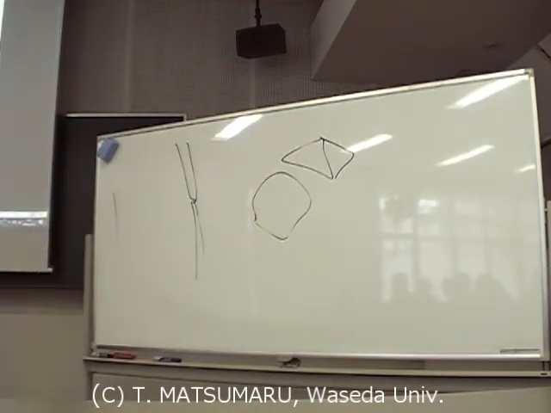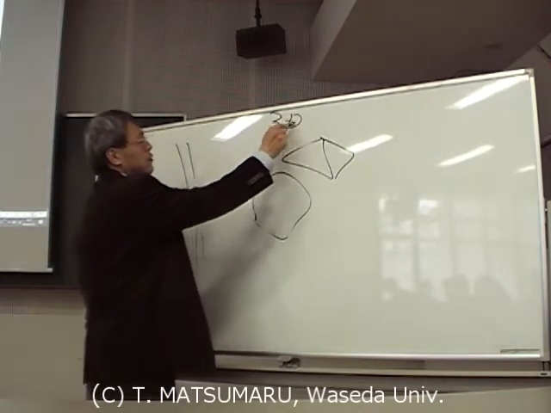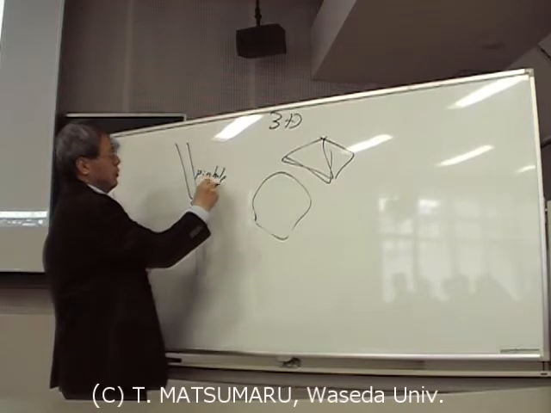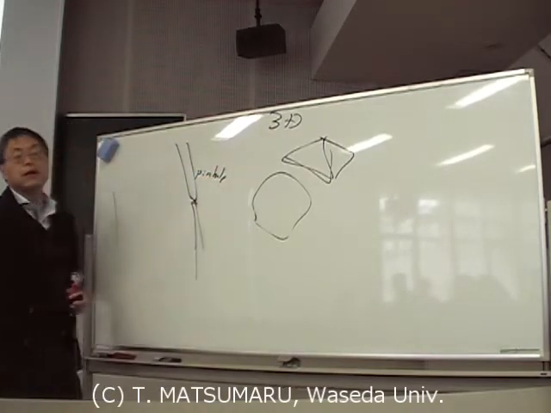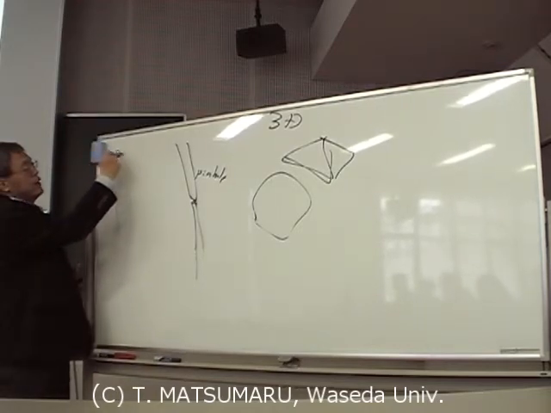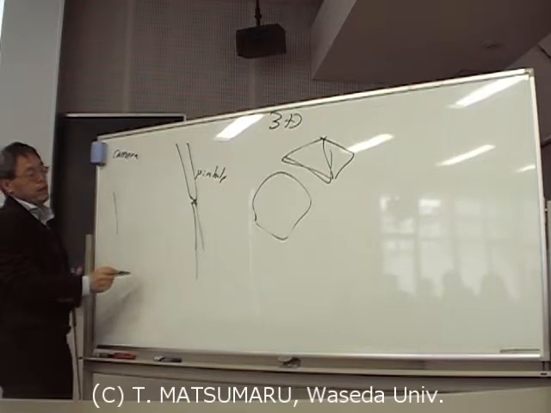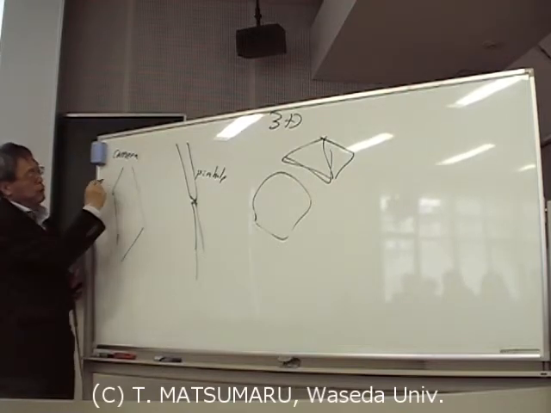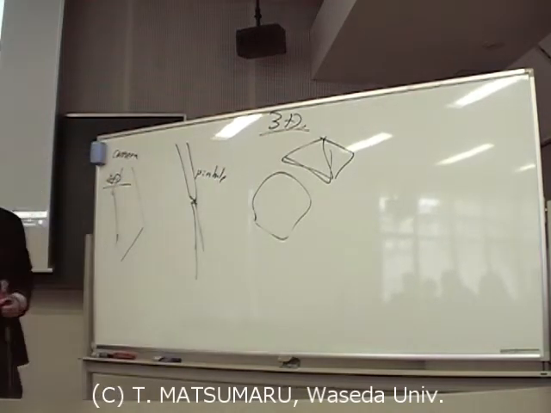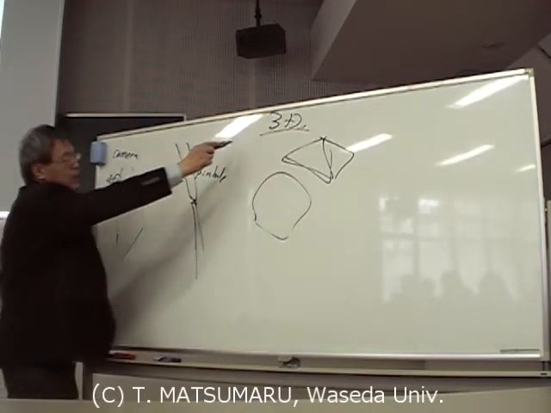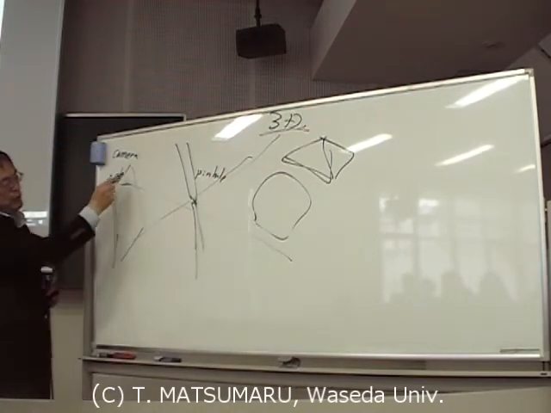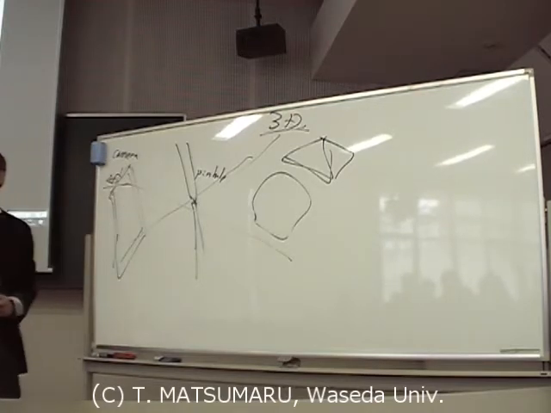What is the meaning of this 3D? A 3D object and a pinhole. The pinhole is here, the camera is here. Camera means a 3D to 2D projection. It means the 3D object is projected onto the two-dimensional plane.